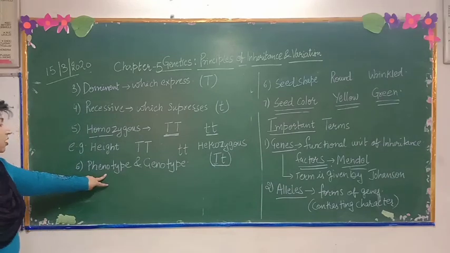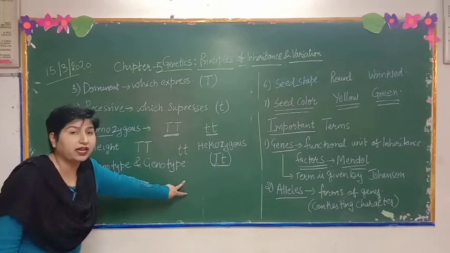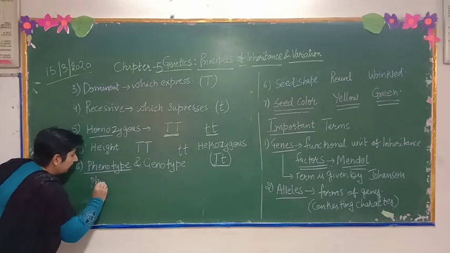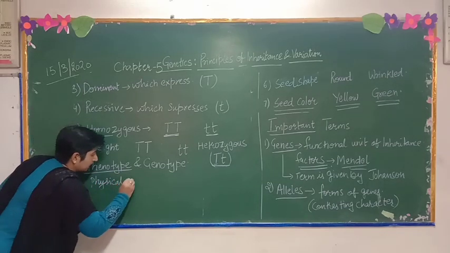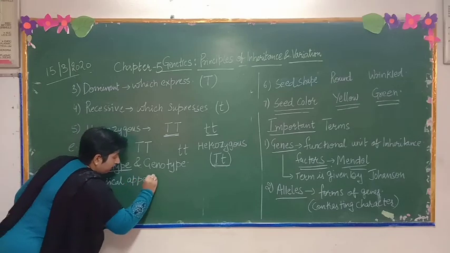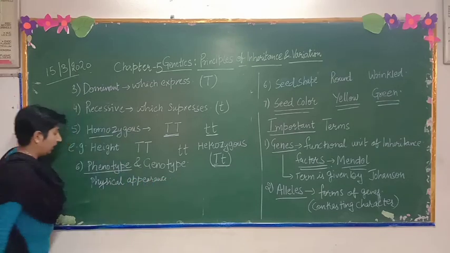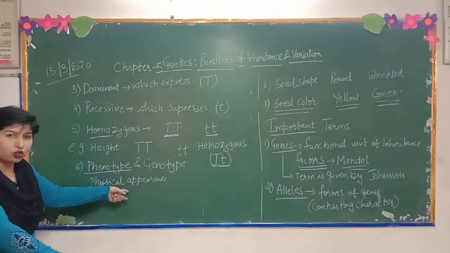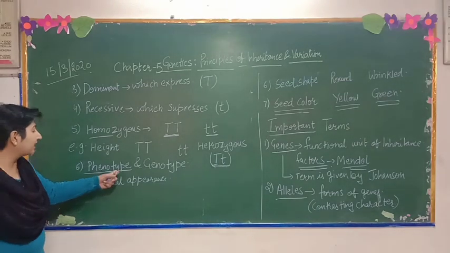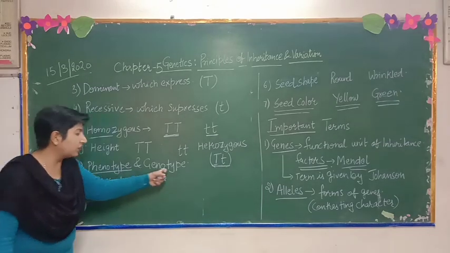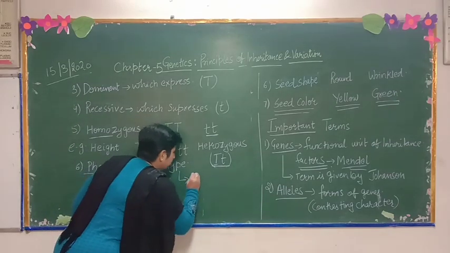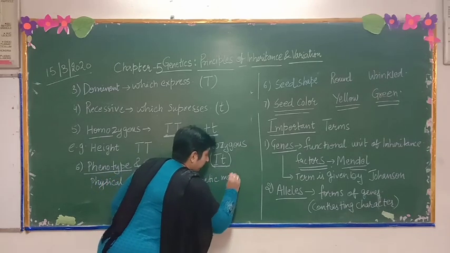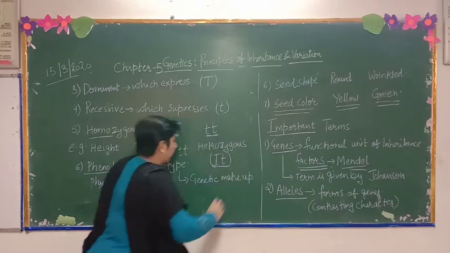The next one is phenotype and genotype. As the name indicates, phenotype means physical appearance. So how it physically looks, whether it's tall or short, a dwarfing condition, that is called phenotype. And genotype means genetic makeup. Now with an example I'll explain.